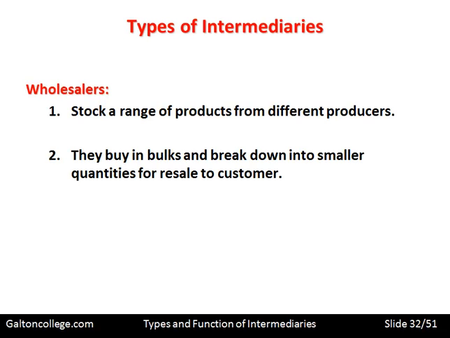Small retailers haven't got the capacity to store large amounts, and they haven't got the resources to buy large amounts. So the wholesalers enable the sales by breaking the bulk, breaking the original order into smaller quantities, and thus enabling retailers perhaps to sell the product.